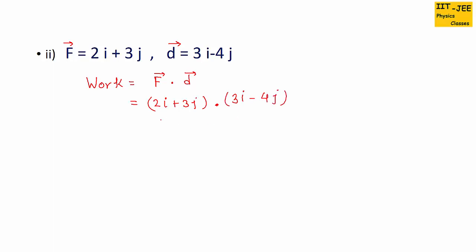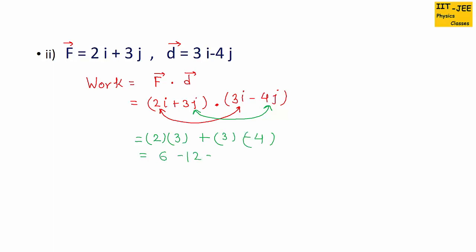Here in the dot product we multiply only the corresponding coefficients, like we will multiply 2 and 3. That means we multiply the i component with the i component and the j component with the j component. So that means 2 times 3 plus 3 times minus 4. So 6 minus 12 equals minus 6 joules. So this is the work done by this force.